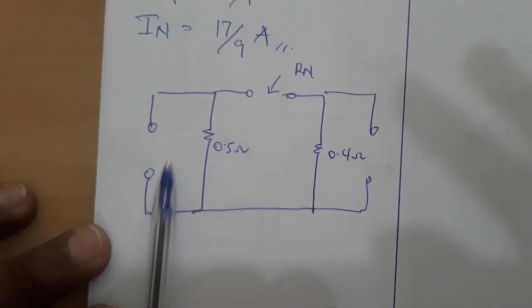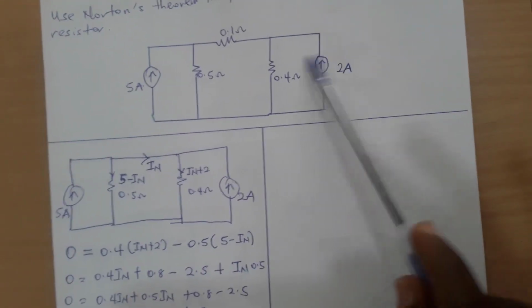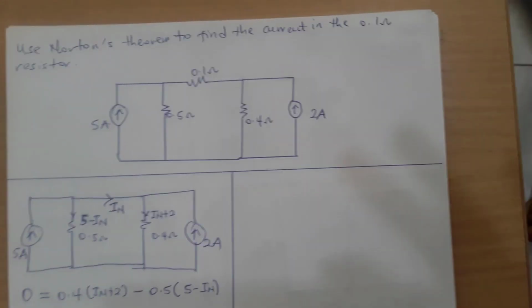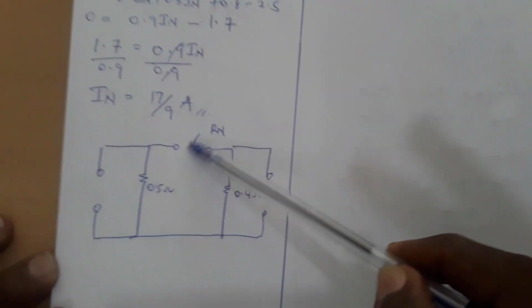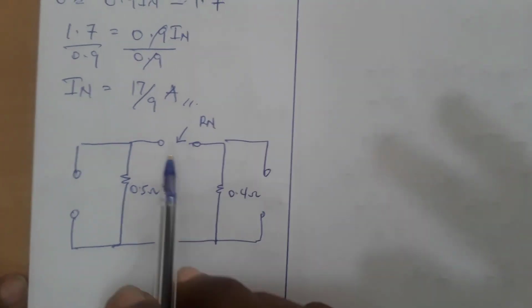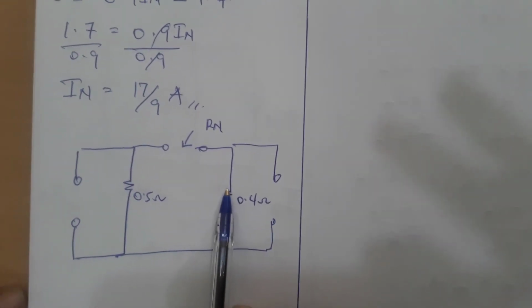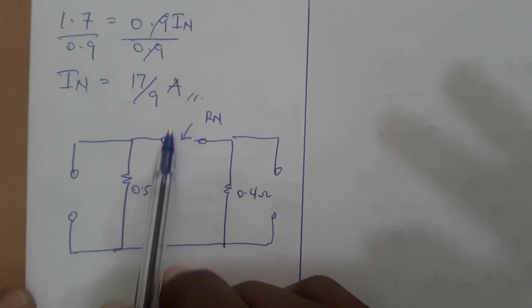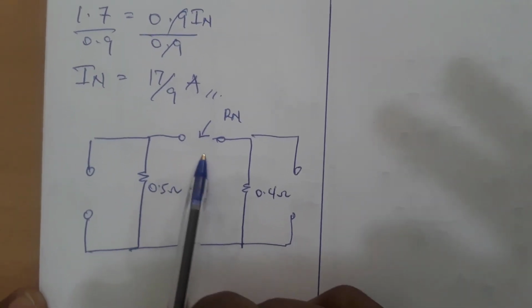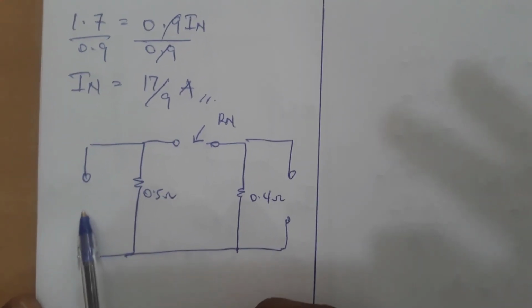You see that I've opened here because there was a 5 ampere current source. I opened here. There's also a 2 ampere source here, so I open here, right? And I'll look through the terminals over here and find my Rn. You can see that 0.5 will be in series with this 0.4, because if, for example, there's a voltage source here producing a current, the current won't flow in this direction because here is open.